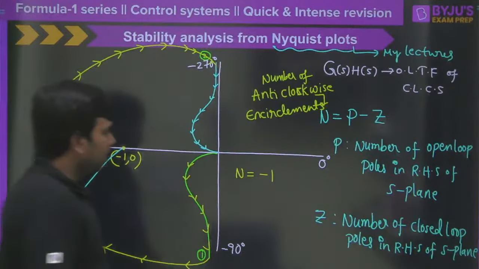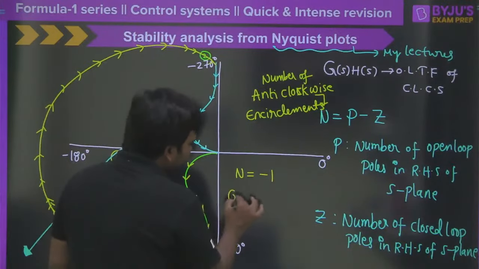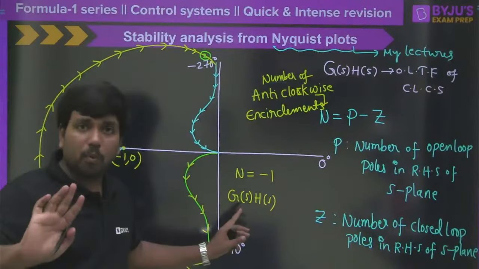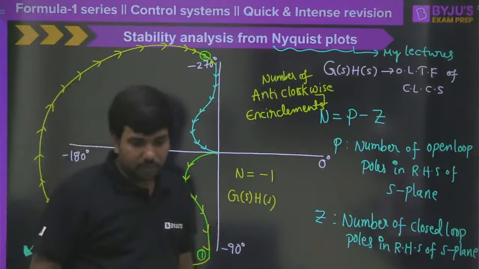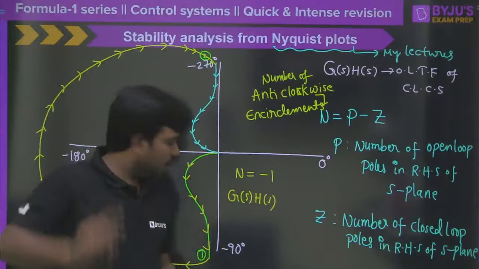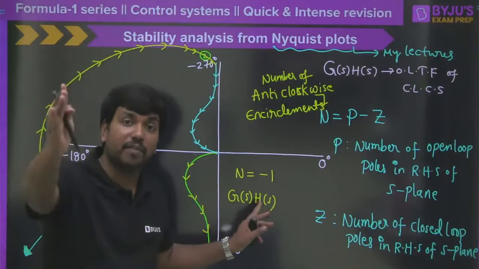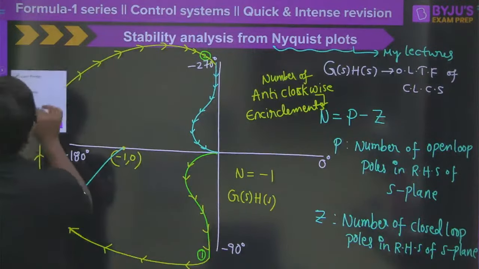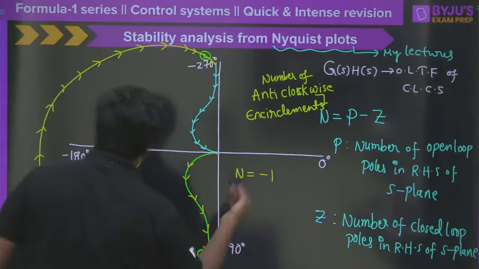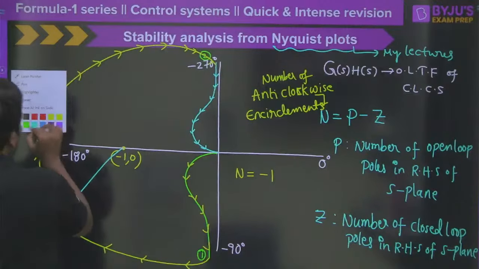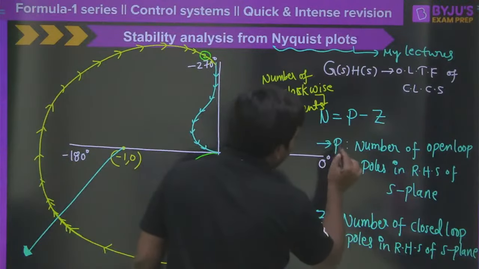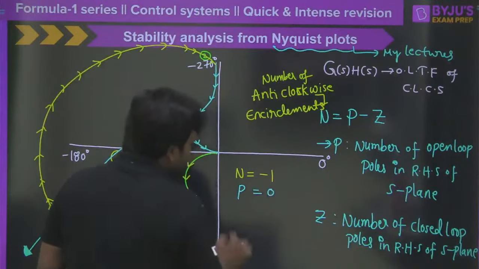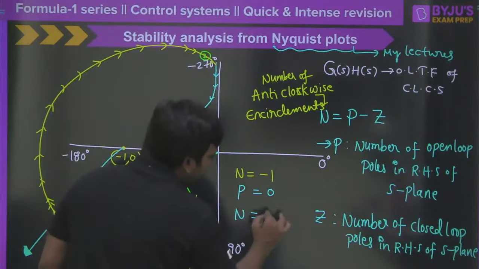Suppose let us assume that somebody told that G of s into H of s has no poles in the right hand side of the S plane. What does it mean? That means the open loop function is stable. So this function has no poles in the right hand side of the S plane, meaning the open loop system is stable. Our number of open loop poles in the right hand side of the S plane is 0. Then P is equal to 0. So I told you that N is equal to P minus Z here.